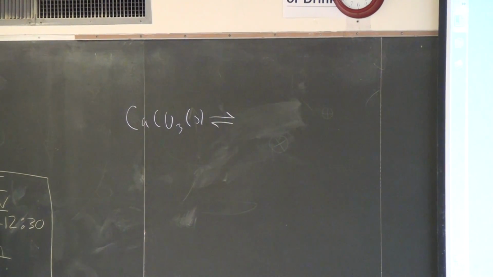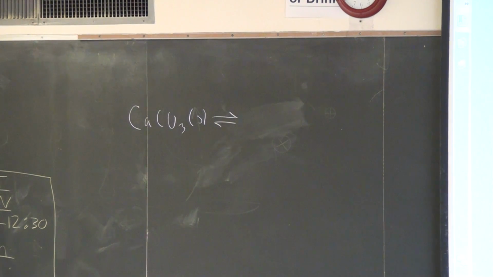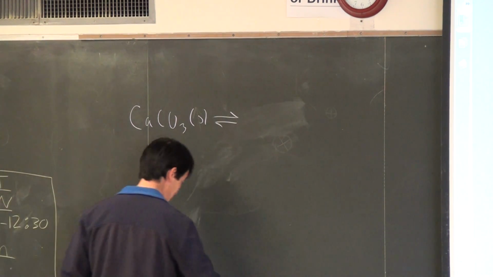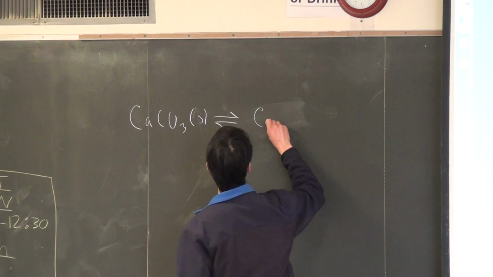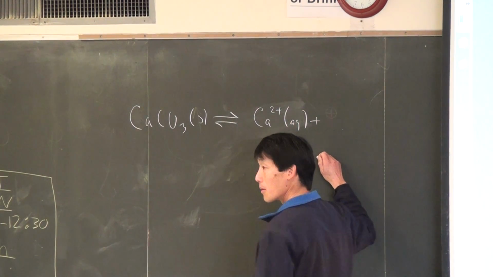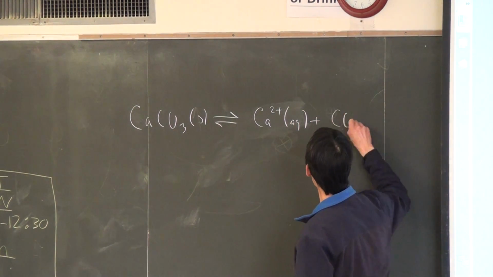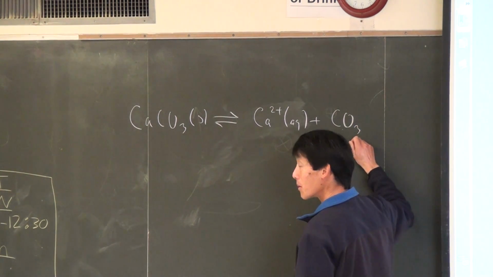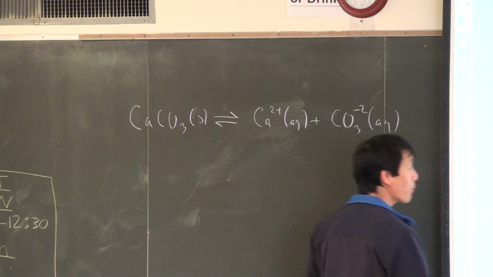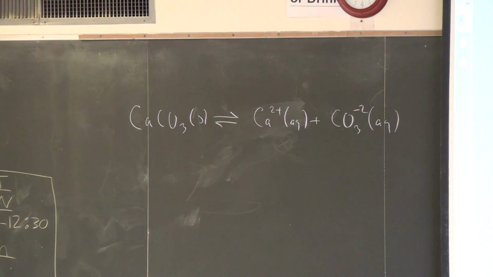According to this solubility equilibria, the calcium carbonate dissociates into calcium ion and CO3 2 minus. Okay, so that's our equation we can use for solubility equilibria.